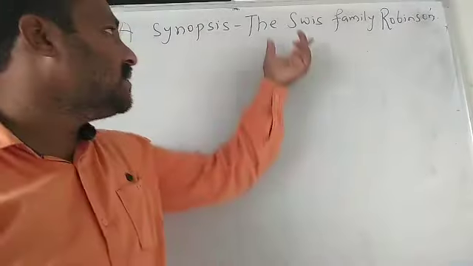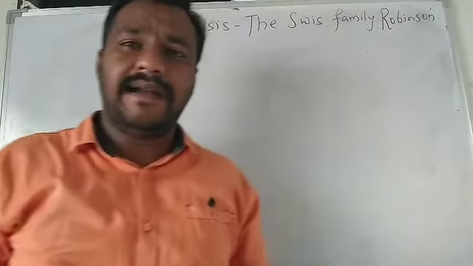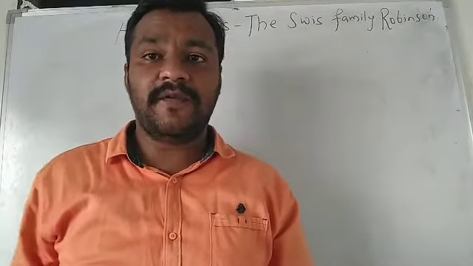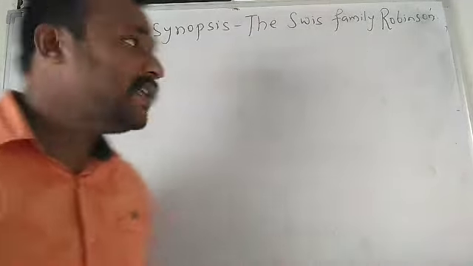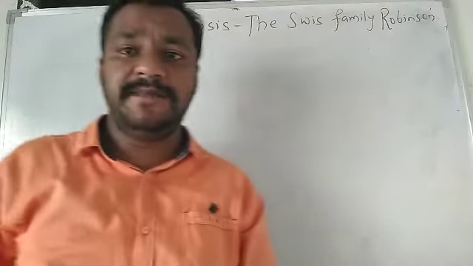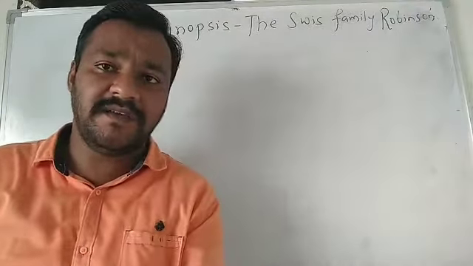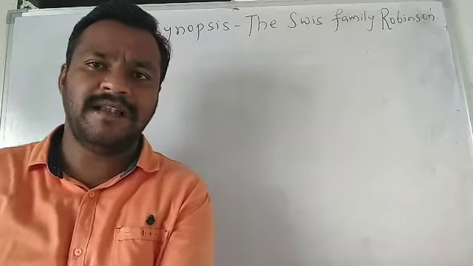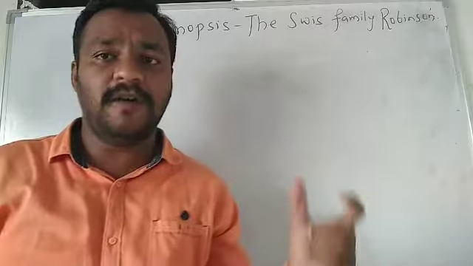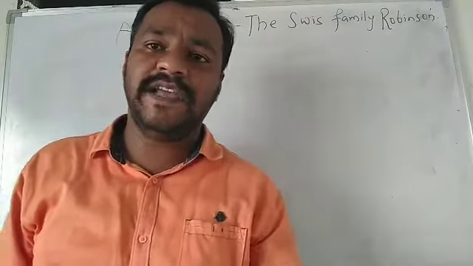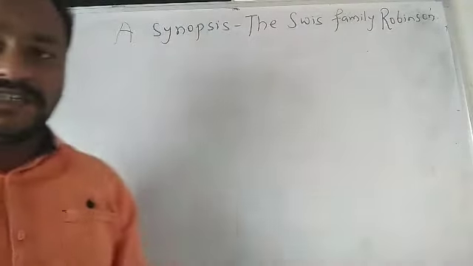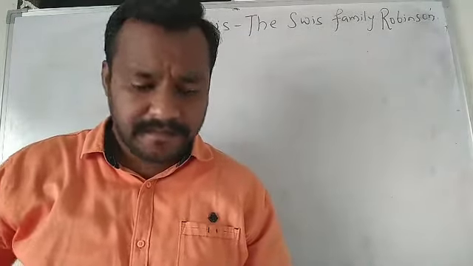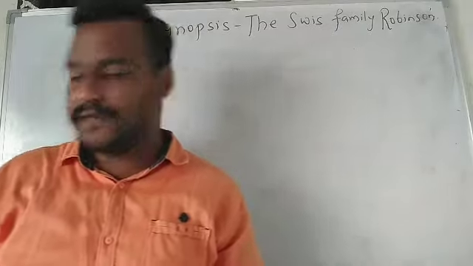The name of the novel is The Swiss Family Robinson, and a summary of that novel is included in our syllabus, and that summary is called a synopsis. Synopsis means what? A short summary of a particular story or any epic novel. A summary of any novel or any story is called a synopsis. Or in other words, you can call it an outline of a story.